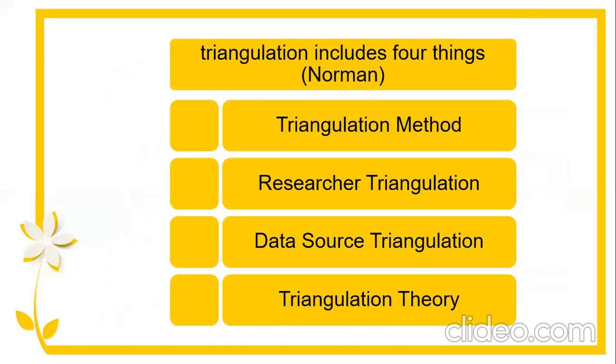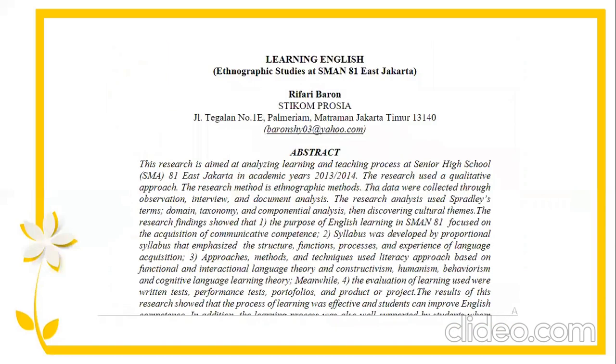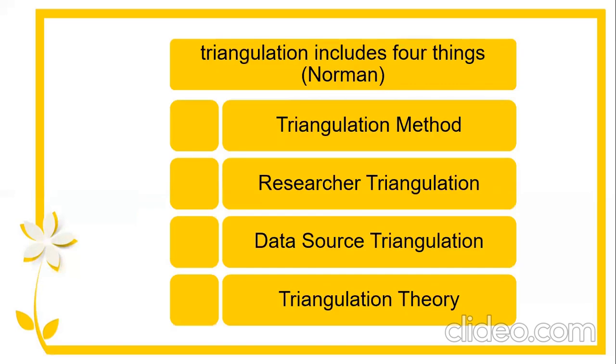Okay. Here, according to Norman, triangulation has four types: method triangulation, researcher triangulation, data source triangulation, and the last is theory triangulation. Well, I will explain method triangulation first. Here, in method triangulation, the researcher uses multiple methods such as data from interview, observation, documentation, and others.